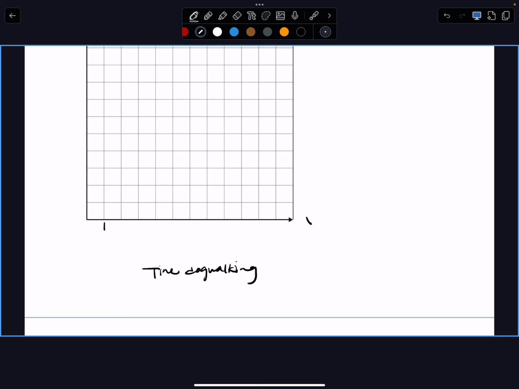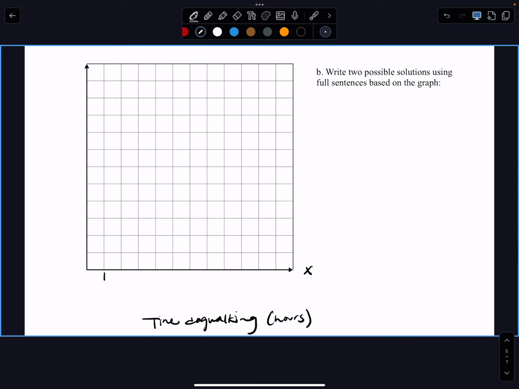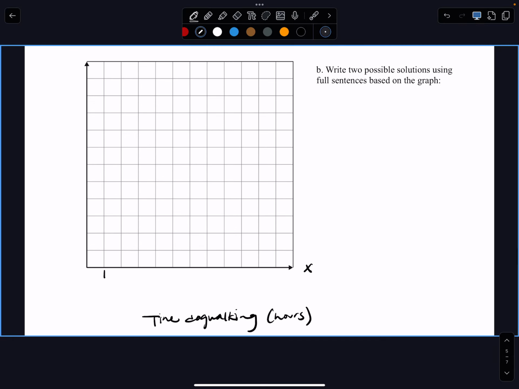Wait, X plus Y is less than or equal to or greater than? It's less than. And then Y is time babysitting. Make sure you're labeling what each axis represents. So I'm scaling.